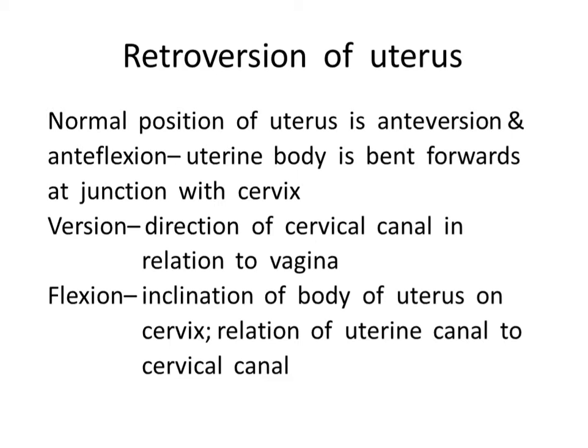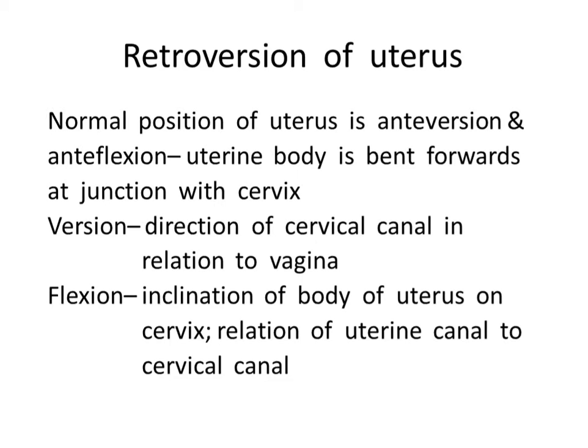Okay. So normally the uterus is anteverted and anteflexed. Anteflexion and anteversion usually go together in 99% of the cases. So if you just remember anteversion, that is enough. When the uterus is anteverted and anteflexed, what is the direction of the cervix?